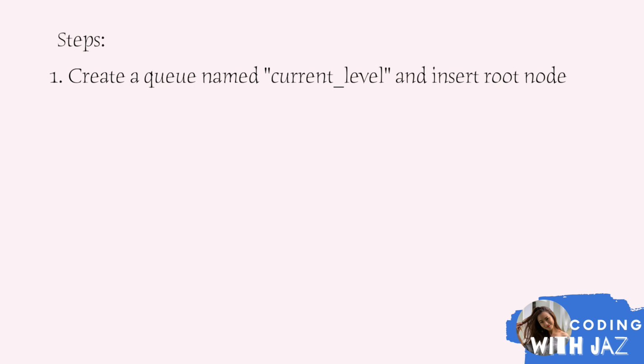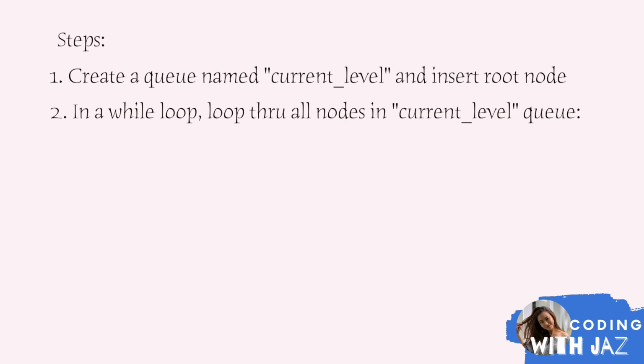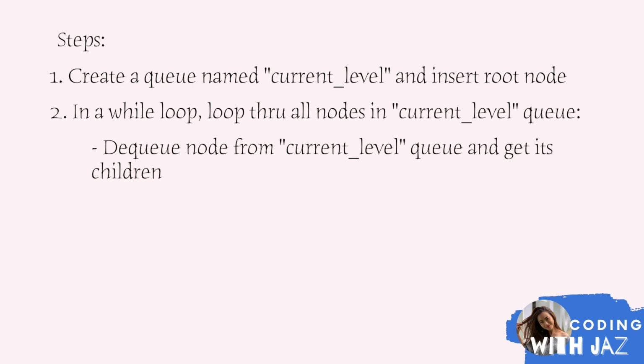And then we're going to have a while loop that loops through all the nodes in your current queue. And in this loop, every time you dequeue a node from that current queue, you want to get that node's children, if it has any, and then store them into a next level queue.